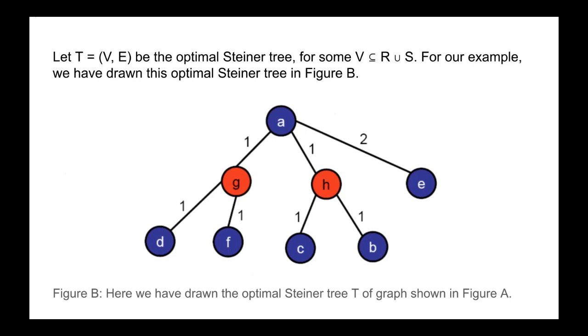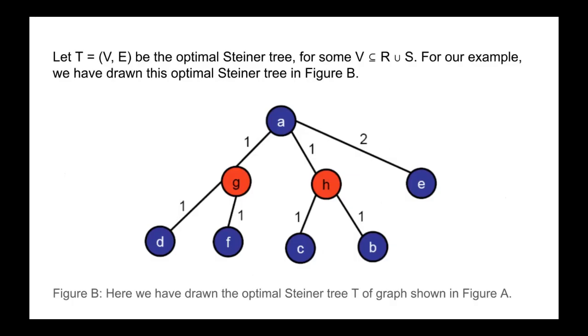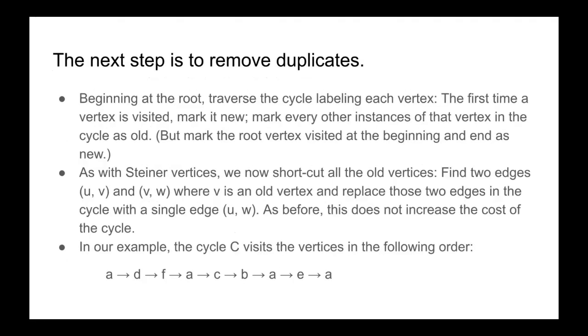So in this case, the new cycle will be A to D, then A to F, then F to A, C, then C to A, then A to B, B to A, then A to E, and E to A, as you can see here. So in our example, the A is getting repeated a lot, right? So we'll remove the A from consideration.